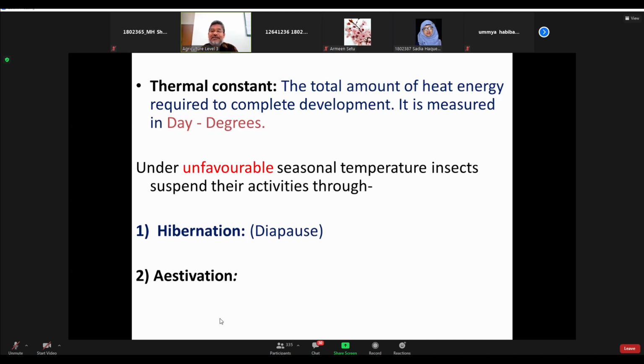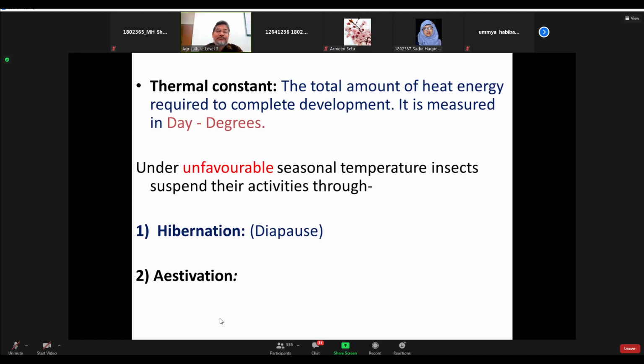They may be very active when the temperature is favorable, at the favorable temperature range. But the unfavorable temperature may take them to different situations. That is, they go to hibernation when the temperature is too low.